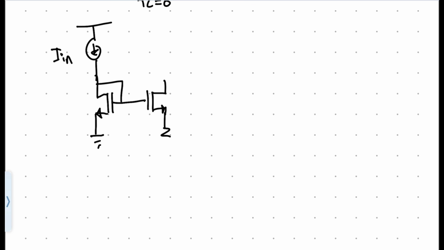Now, from what I've drawn here, we have a resistor in the second branch, and M1, M2 are labeled there. If we have a 1 to N ratio here, let's derive the output current now.